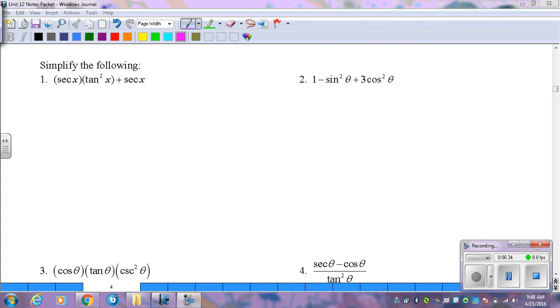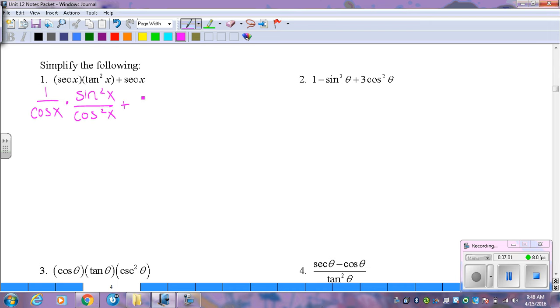All right, when you're asked to simplify an expression and all you have is a bunch of trig functions, basically what you're doing is you are substituting in some of your different identities and simplifying it down as far as possible. So for example, secant we could change into 1 over cosine. Tangent squared we could change to sine squared over cosine squared.